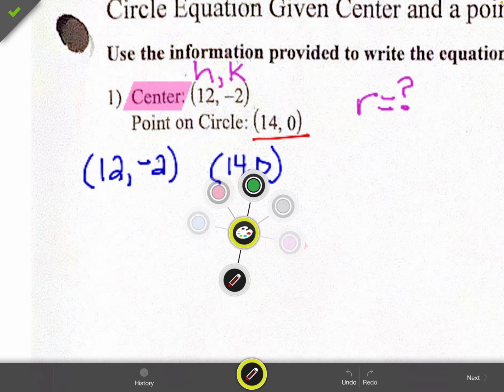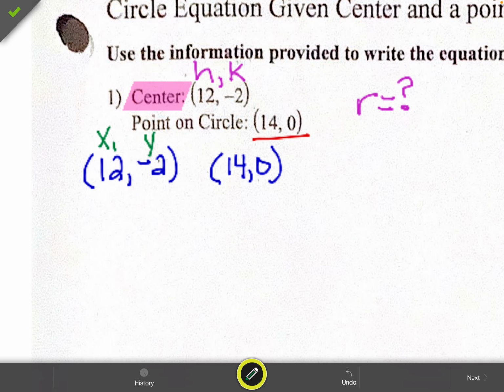Let's use green. This is my first X value, this is my first Y value, this is my second X value, this is my second Y value. That's what the subscripts mean. The 1 means first X, and the 2 means second X.